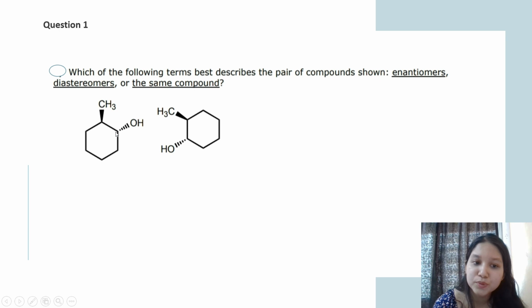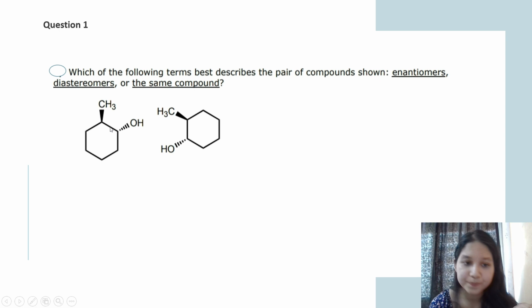Then let us move to the second stereogenic center present in this molecule. Remember, this has been assigned as R, and for the second stereogenic center, that is the chiral center present in the first molecule, now we will assign the priority. Okay. So it has four substituents just like the first one.